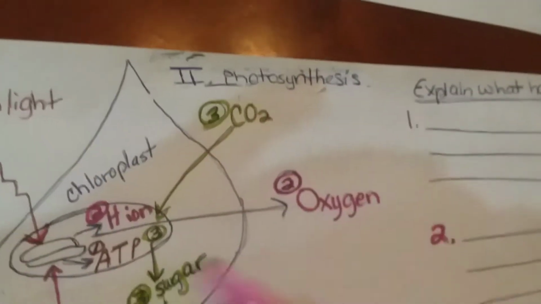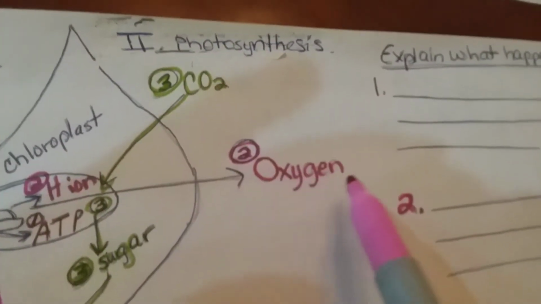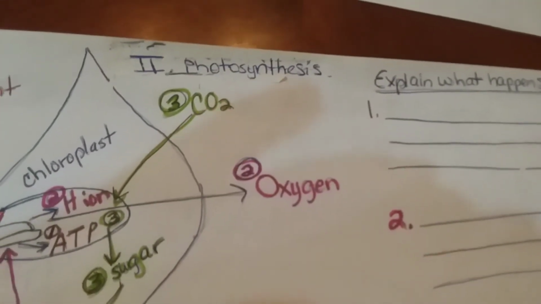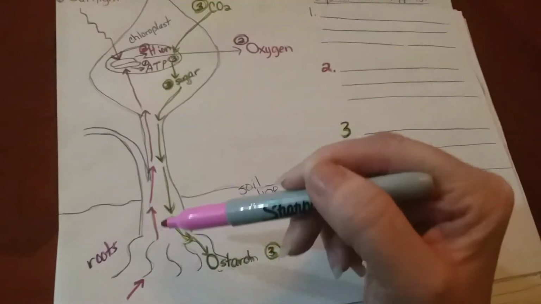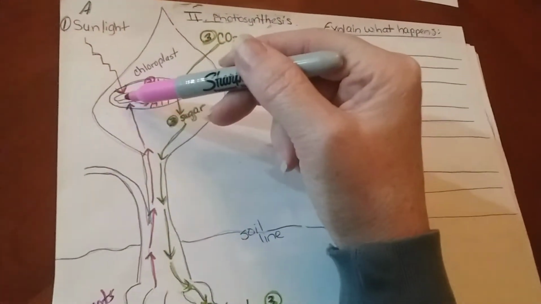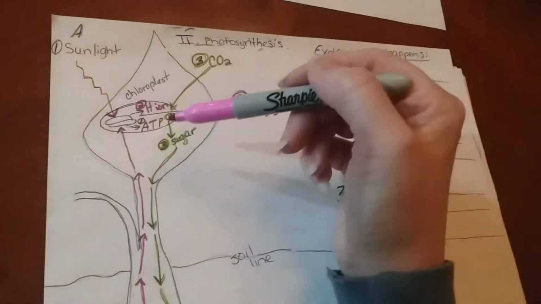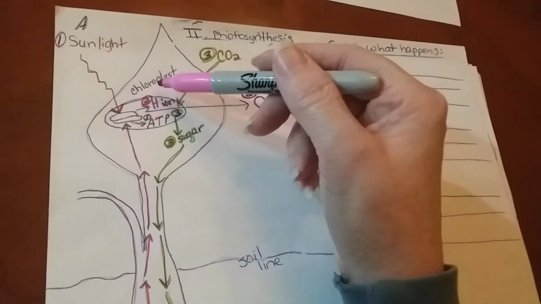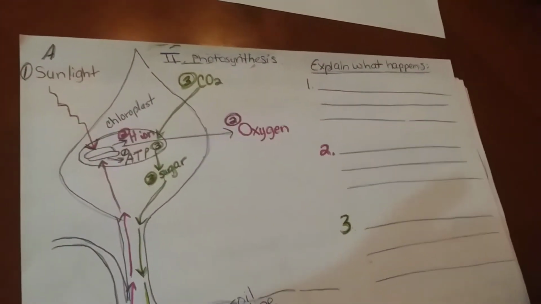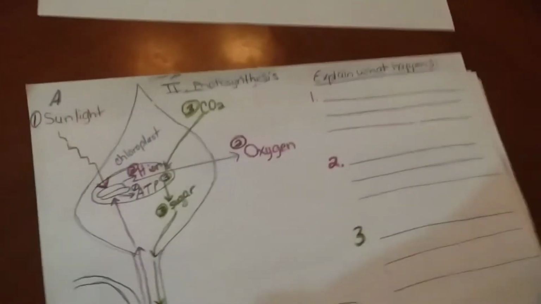The ion is given off here. And then a byproduct or waste product is oxygen. So that is process number 2 that you would explain here, is how the water comes up through the roots, hits the chloroplast in this location, and it splits into a hydrogen ion that's given off and oxygen that's given off. That's number 2.